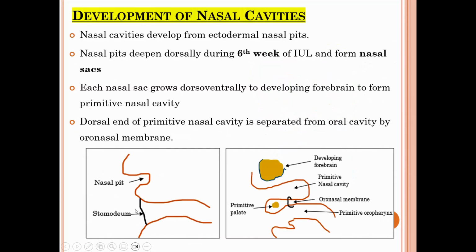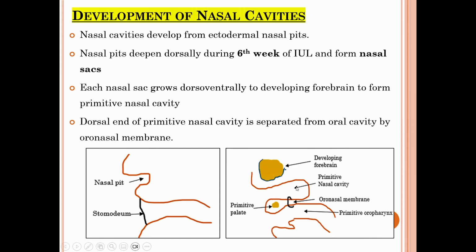So you can see here, if we see the lateral view, nasal cavity is developed from the ectodermal nasal pit. Nasal pit is deepening during the 6th week of intrauterine life to form the nasal sac here. Each nasal sac grows dorsally, ventral to the developing forebrain, to form the primitive nasal cavity.